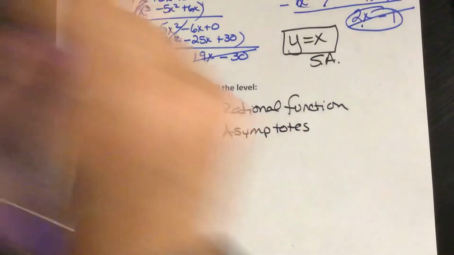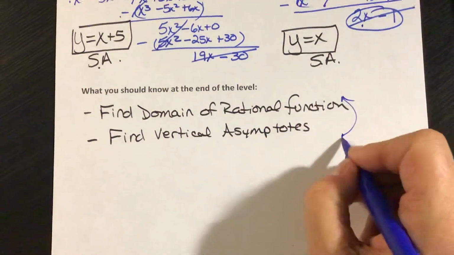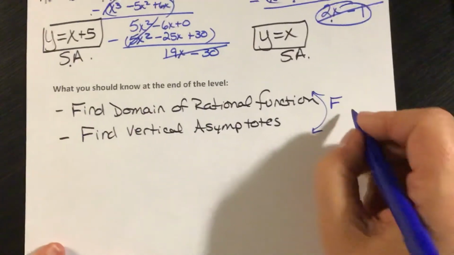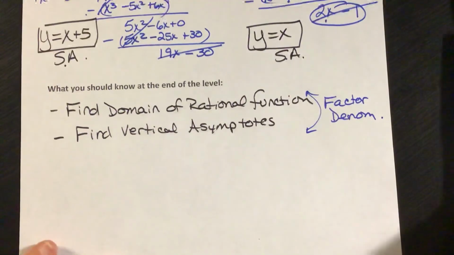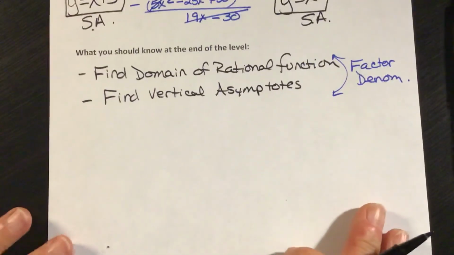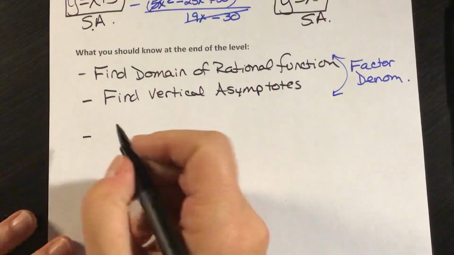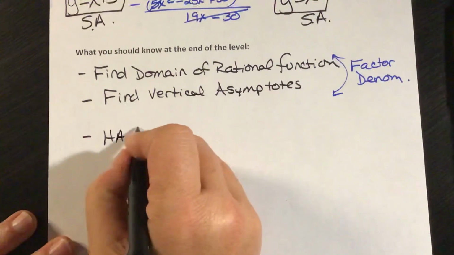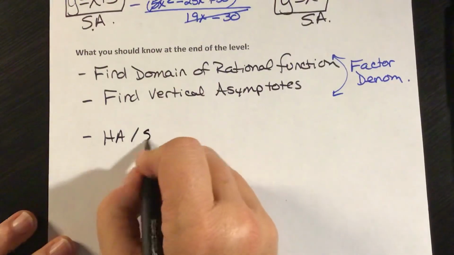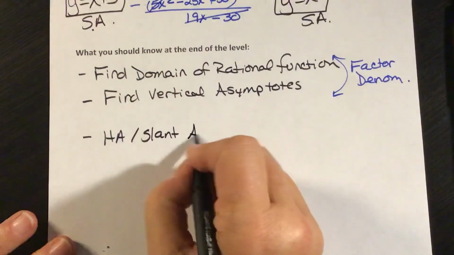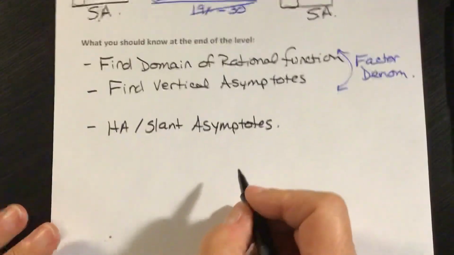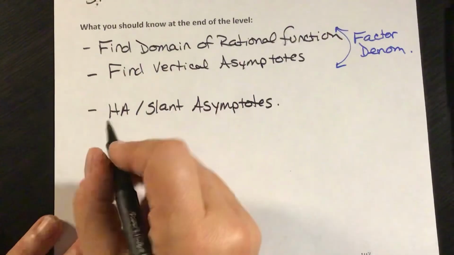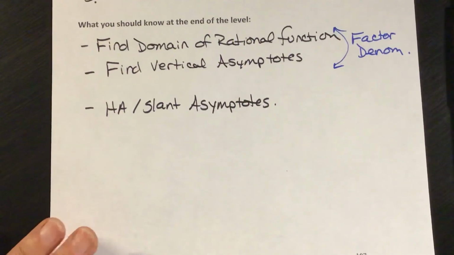And both of these come from factoring the denominator. We should be able to find the horizontal and slant asymptotes. And we should know that there's 3 specific rules of looking at the degrees and comparing the degrees.